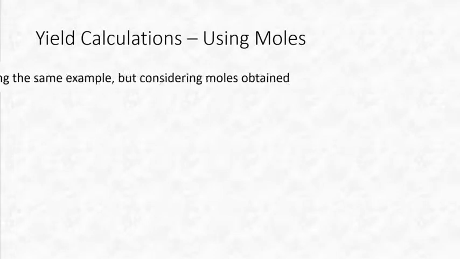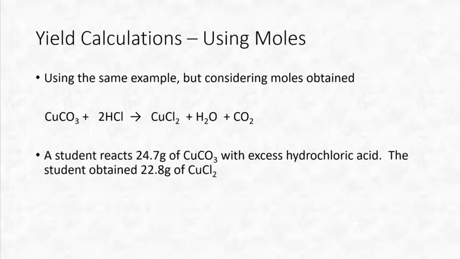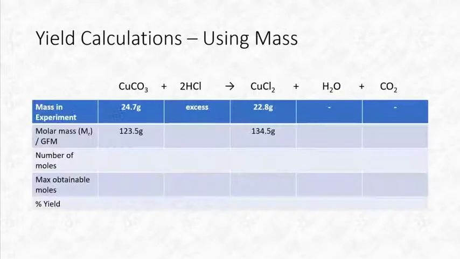We can also do this by looking at moles. So we're going to use the same example, but we're going to consider moles. So exactly the same question. And here we have the same equation, same table. We've got the mass that we've used and the mass of our yield here. We've got the molar mass of our copper carbonate and copper chloride. We already know that we had 0.2 moles of copper carbonate.